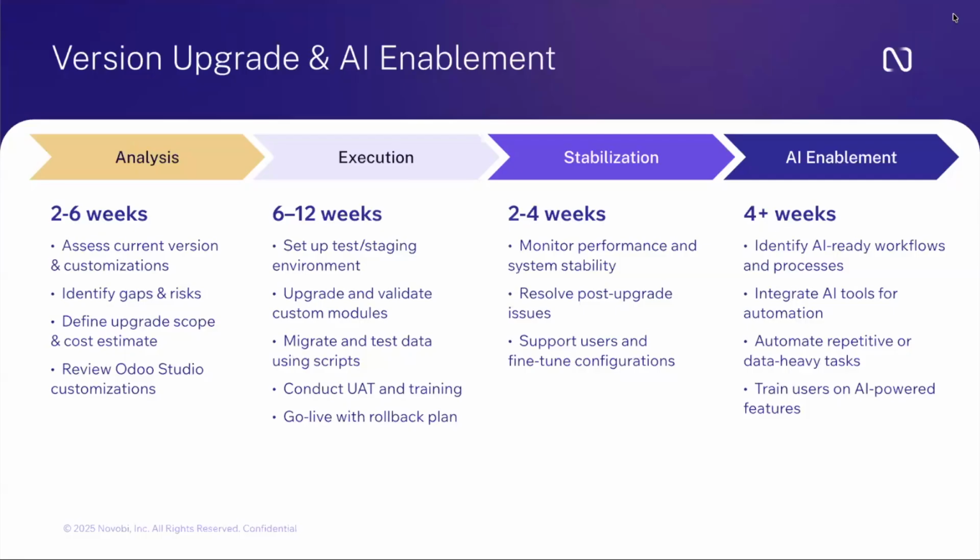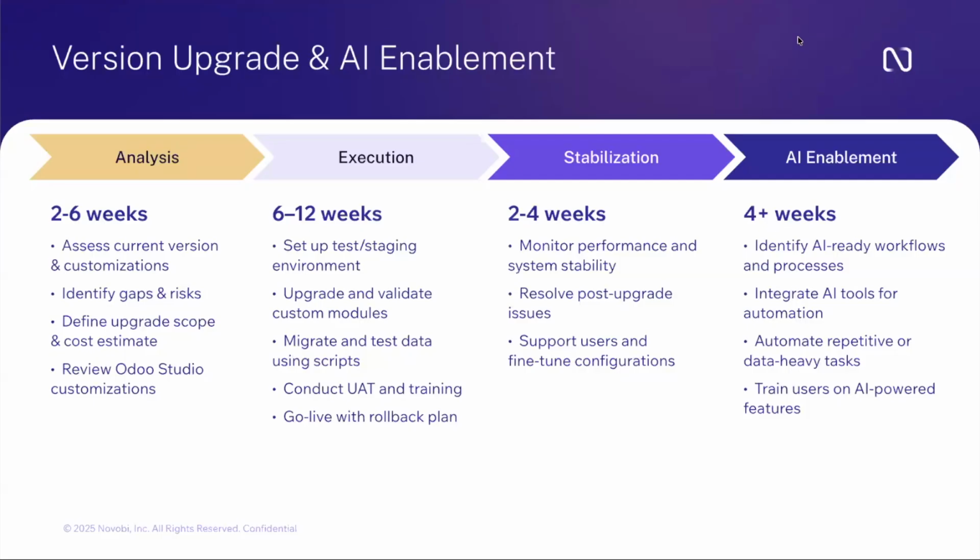First, we do the analysis to see what it takes to upgrade. We typically spend 2 to 6 weeks to perform the gap analysis, deciding on which modules we can replace, reviewing all your Studio changes, assessing your data quality in the legacy version, and then providing you with a proposal.